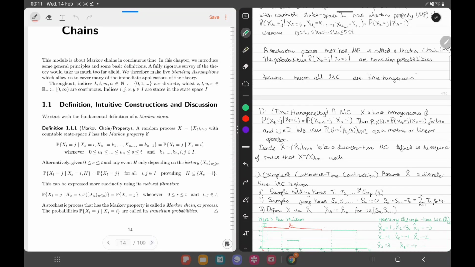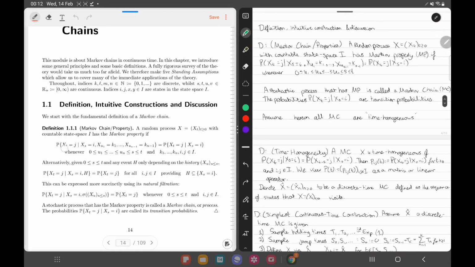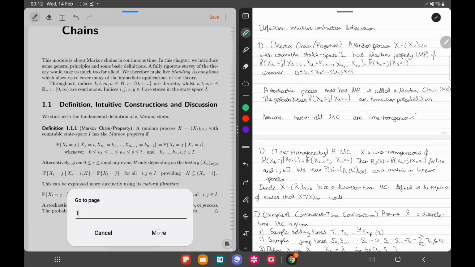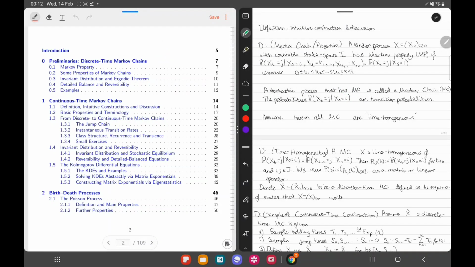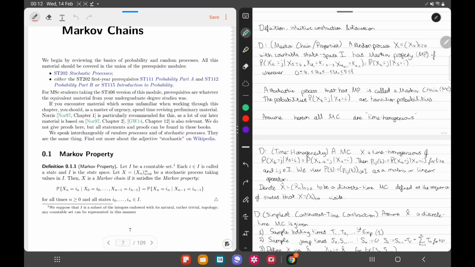It's the continuification of the discrete case, which is what we did before. But one thing I don't like is that all of the definitions are basically exactly the same. Look at this, this is a t here, and here it's just an n.